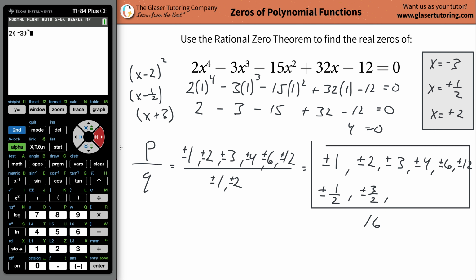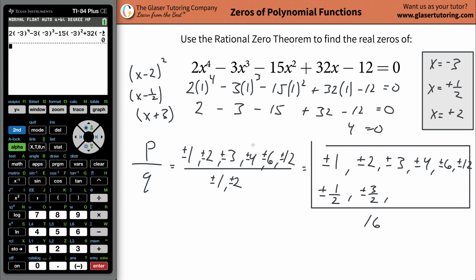Please, every time you plug in an x value, use parentheses. Then minus 3, open parentheses, then -3 cubed. Then you're going to do minus 15, open parentheses, -3 squared. Then you can do plus 32, open the parentheses, -3, close them, and then you're going to do minus 12. Hopefully I plugged everything in right, and boom, it equals 0.